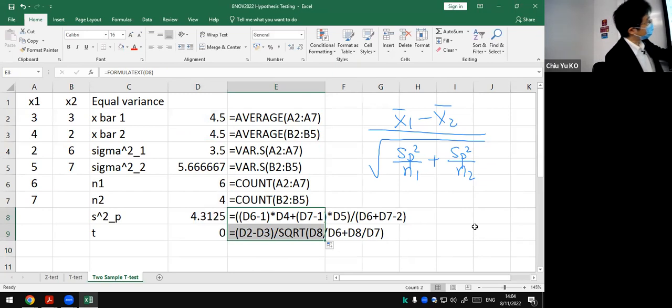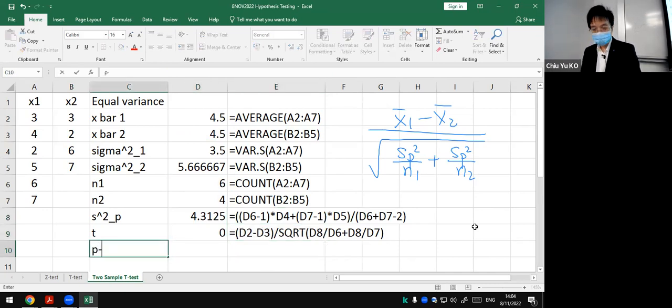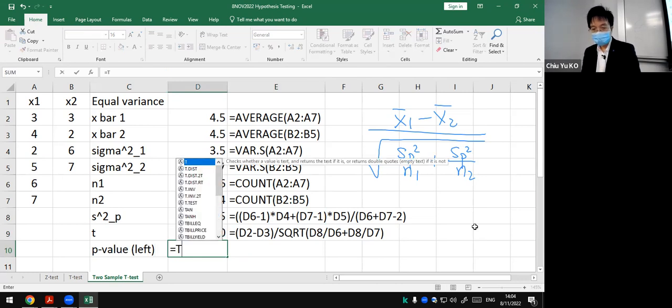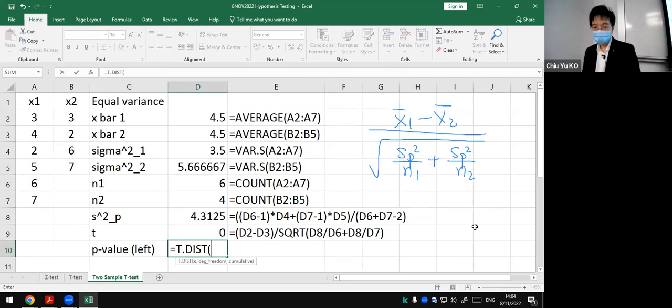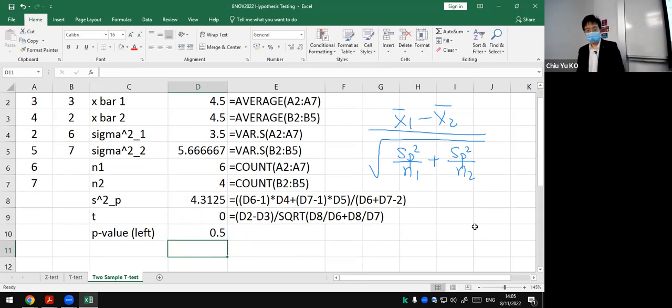And even without calculation, you know the p-value will be 50%, right? Because the left-hand side and the right-hand side are the same, right? Actually, the p-value of the left tail will be just T.DIST of this number. Degree of freedom will be N1 plus N2 minus 2, okay? And then true, okay, 0.5, okay?